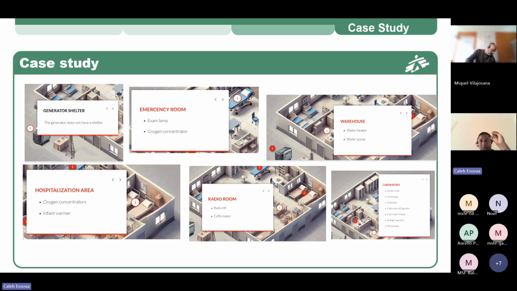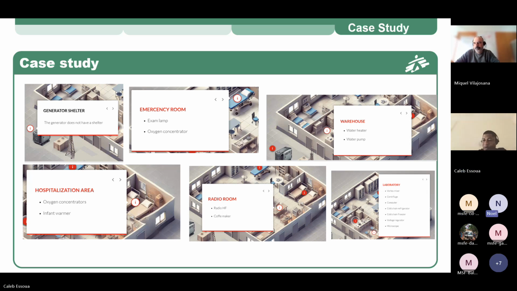But if in the oxygen concentrator you don't see the power, they just give you the voltage and the current, you take the two values and you do your calculation: voltage times current. It's not necessary to show it. It's just the value that you will put in the generator sizing. Exactly.